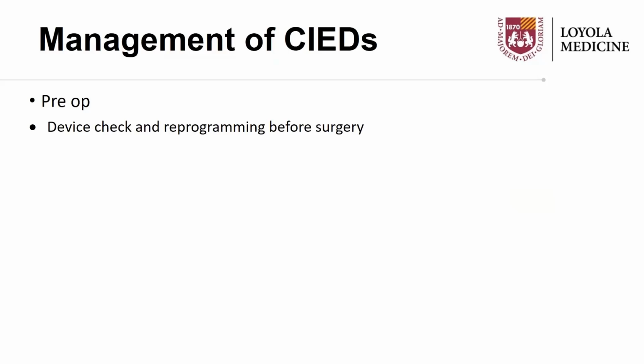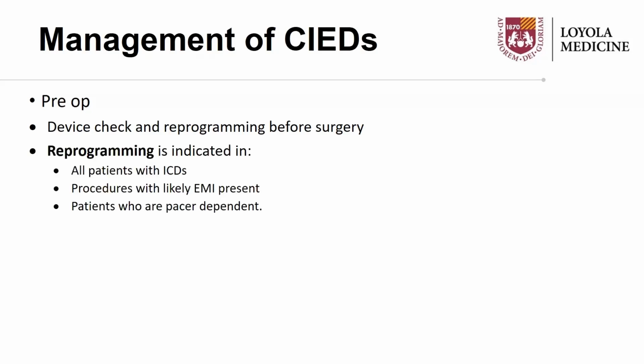The first step in management is to consider a device check and reprogramming depending on the nature of the procedure. The type of device is important to discover, and you also need to determine whether the patient has a pacing burden. So how specifically do you decide when to reprogram? Reprogramming is indicated in all patients with ICDs, so every patient that has an ICD gets reprogramming.